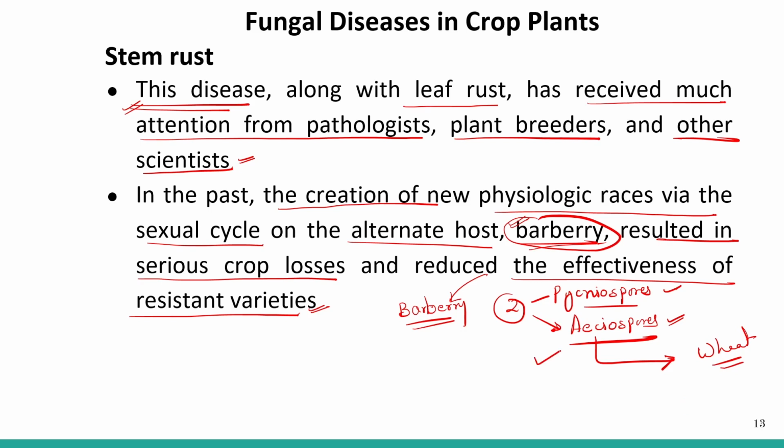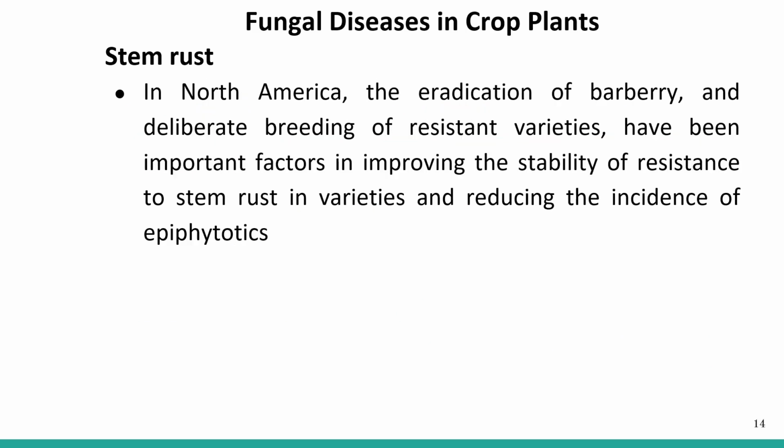So you must remember these points. This stem rust has a total of 5 different types of spores. Three occur on wheat or other cereal crops and 2 on the barberry. You must remember this. What types of spores occur on wheat and what types occur on barberry, this can be asked.